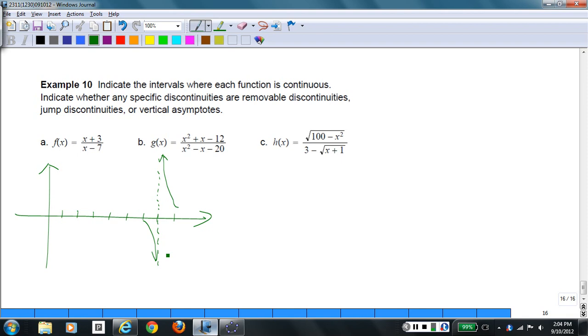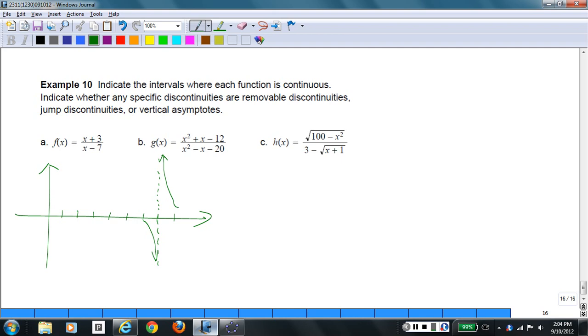This might be as good a place to stop as any because it's a nice segue into what we'll eventually get to next time. This is a case where the limit as x approaches 7 will fail to exist. The two one-sided limits, one of them we can call positive infinity, the other one we can call negative infinity, but even that will not say that they exist, but simply will describe the manner in which they fail to exist.